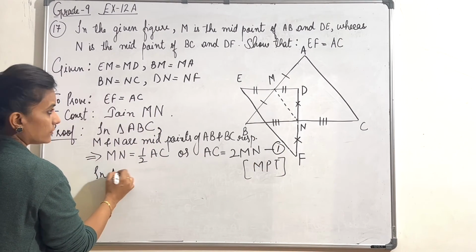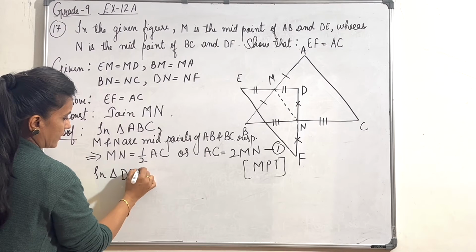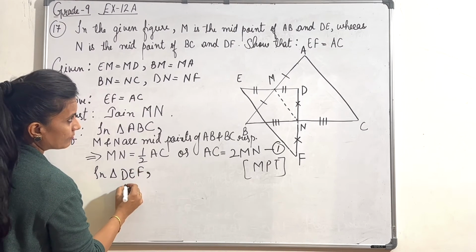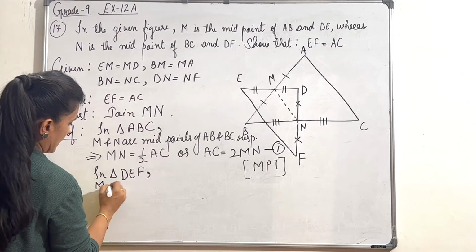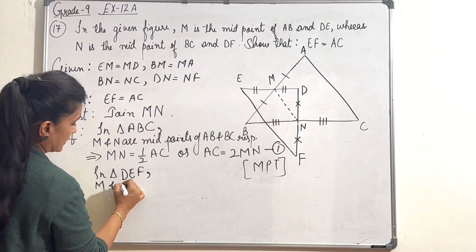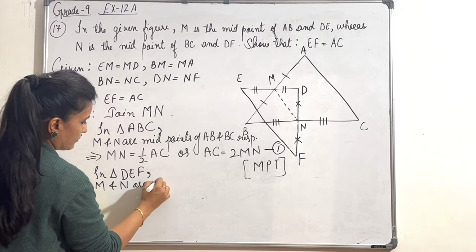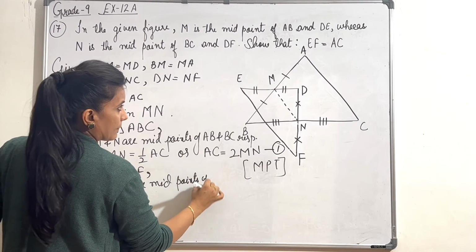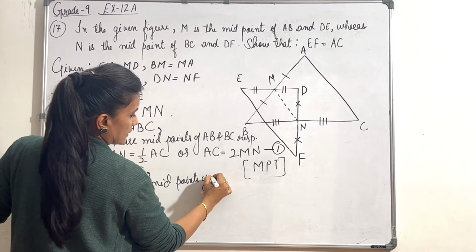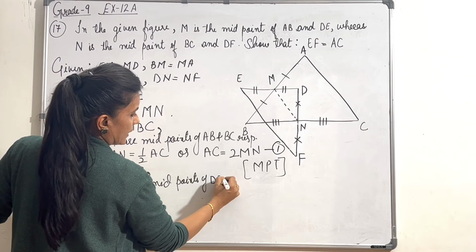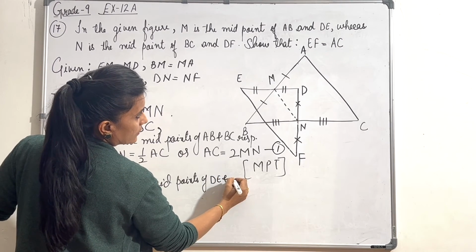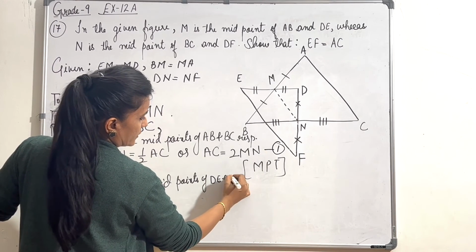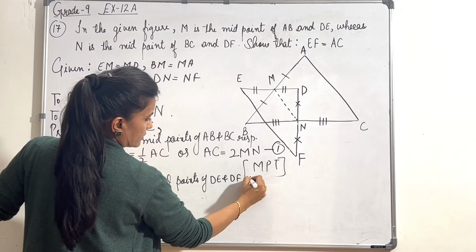Now in triangle DEF, here M and N are midpoints of DE and DF respectively.